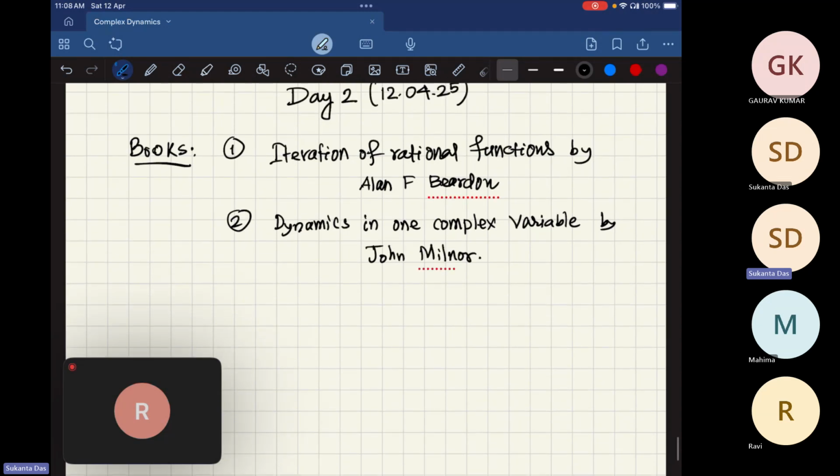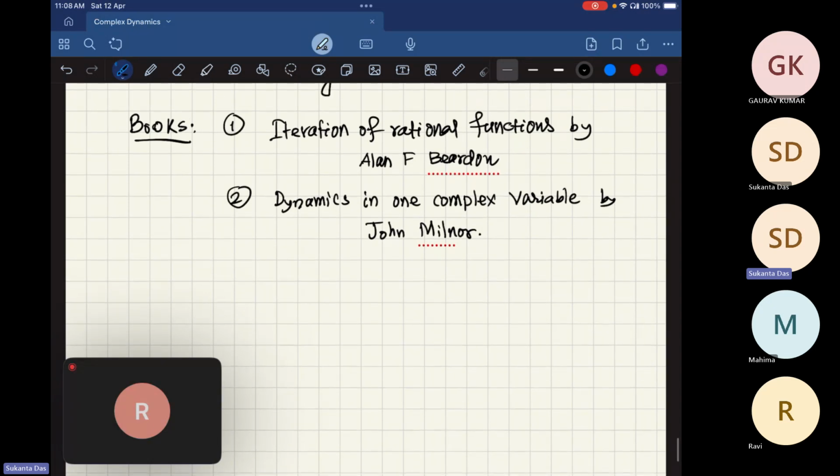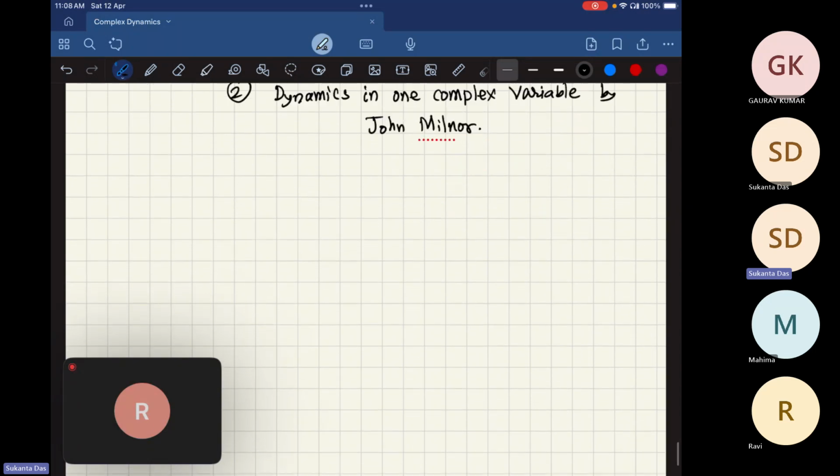So basically, I'll be trying to cover these two books.